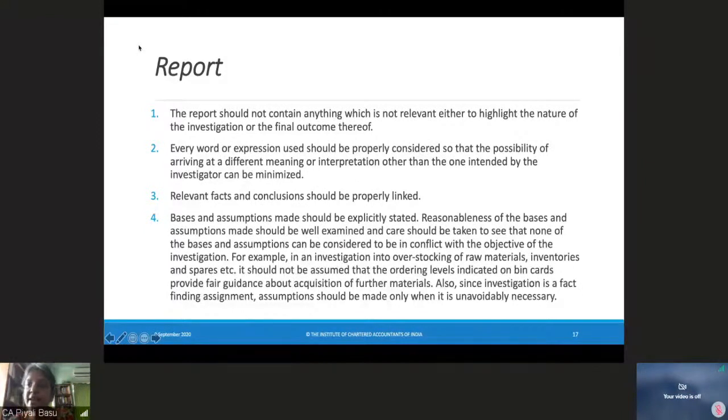If you do not accept that, you have to give your justification for not accepting. One justification could be how often this reorder level is reviewed. From the nature of the writing, you can make out that it was probably written several years back. If it's a physical bin card kept on the bin, it was probably written 10 years back, and the reorder level is continuing like that.